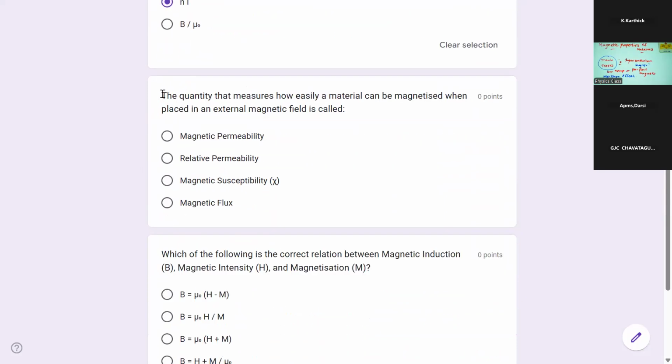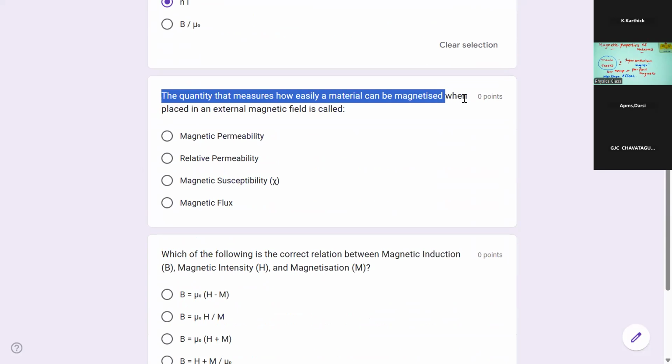Then the next one. The quantity that measures how easily a material can be magnetized when placed in an external magnetic field is called what? If you place a material in an external field, that material responds to that field, meaning it can be magnetized.